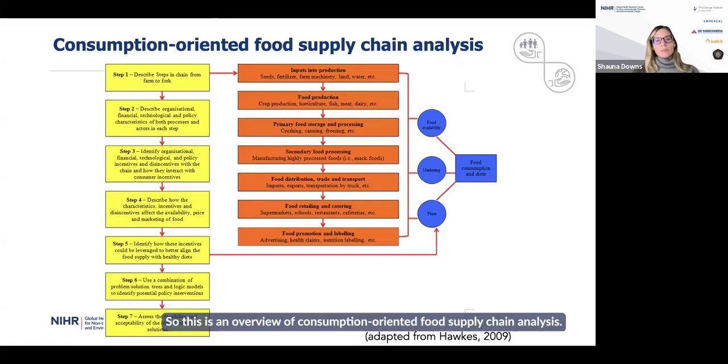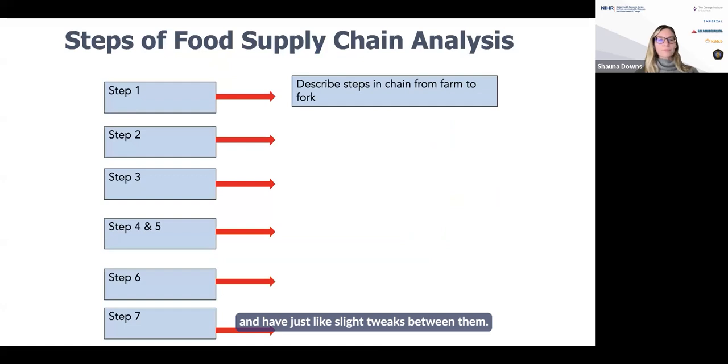So this is an overview of consumption-oriented food supply chain analysis. And I'll walk you through the different steps of this approach, but it's just one of the several ways of doing supply chain analysis. But like I said before, they all are very similar and have just slight tweaks between them.